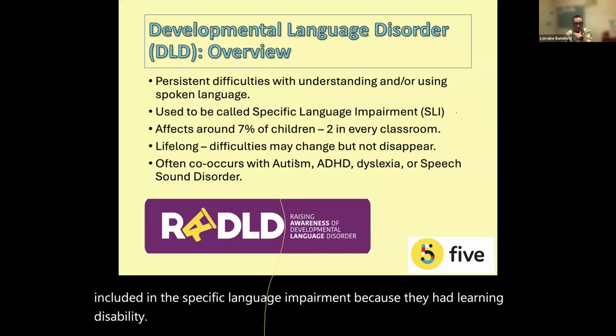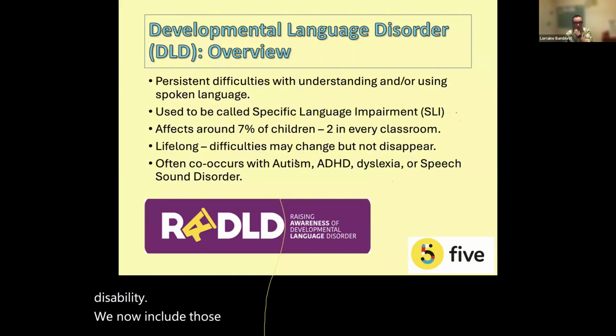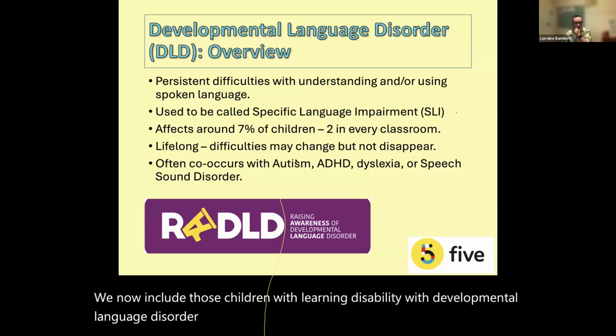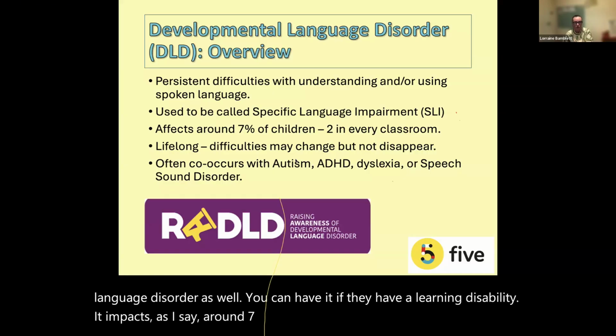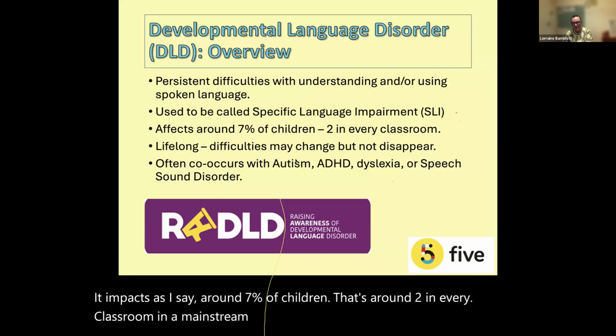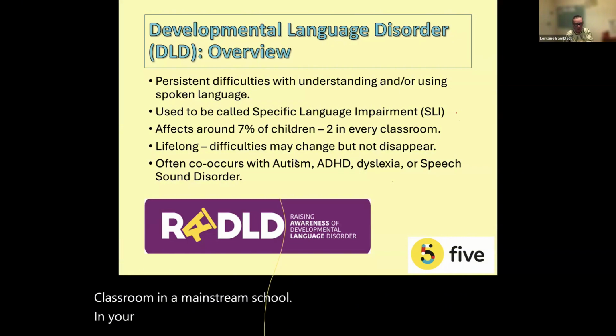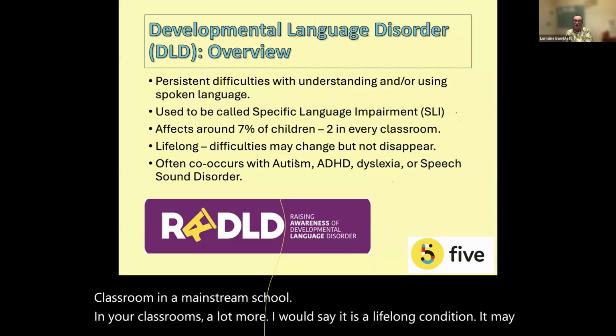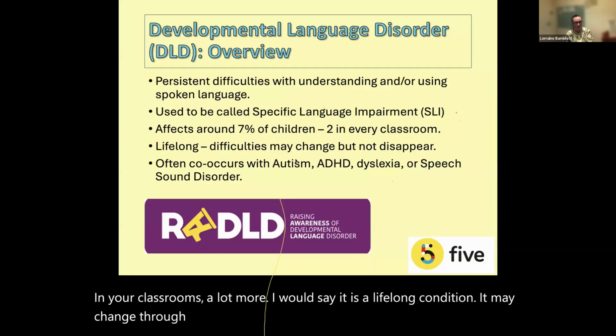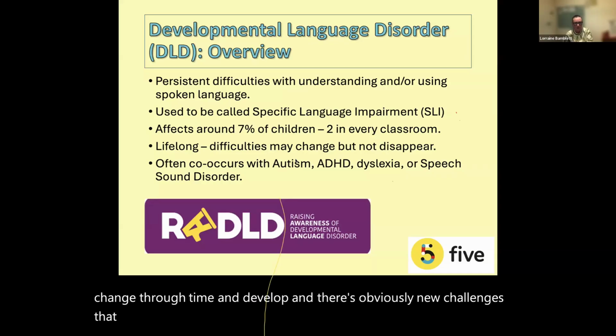We now include those children with learning disability, so you can have it if you have a learning disability. It impacts, as I say, around 7% of children. That's around 2 in every classroom in a mainstream school. In your classrooms, a lot more, I would say. It is a lifelong condition. It may change through time and develop, and there are obviously new challenges that come along in language as you get older, but it won't disappear.